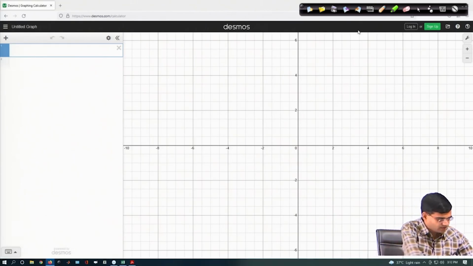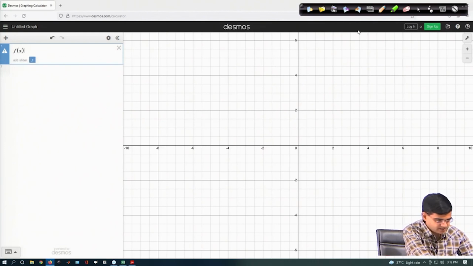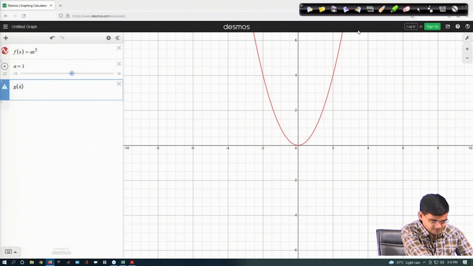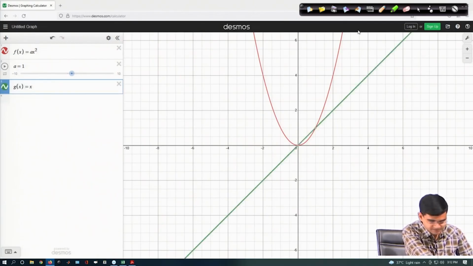I will draw f of x is equal to a x squared, and I will draw g of x simply as x.